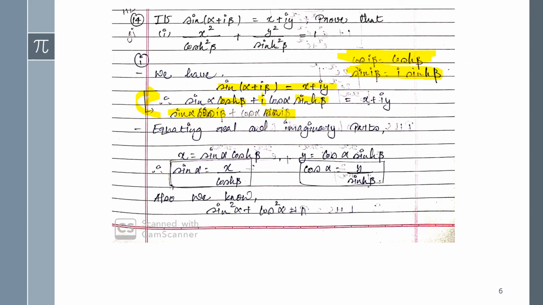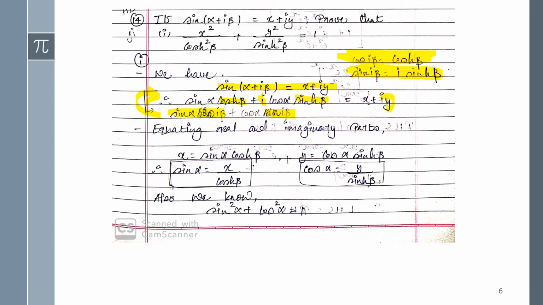Now I'm writing the real and imaginary parts and equating them, so that you can compare with this one. So x equals sin alpha into cosh beta, and y equals cos alpha into sinh beta.